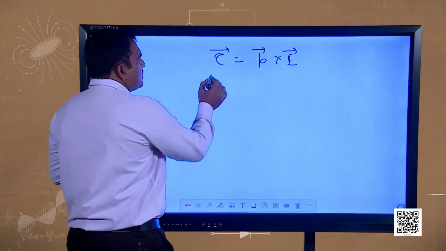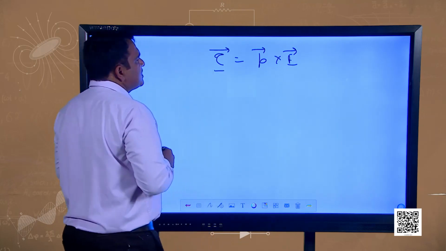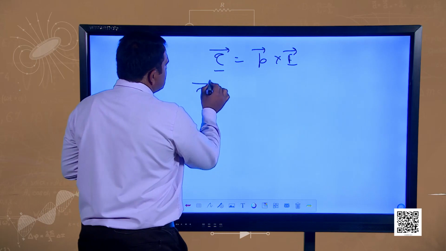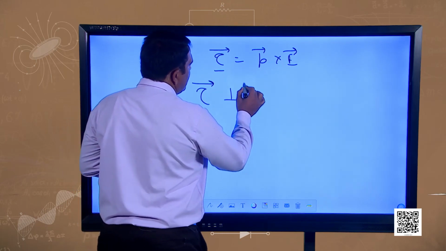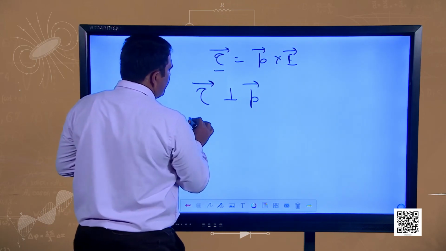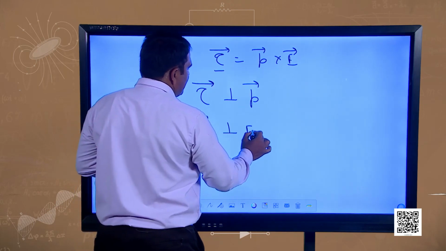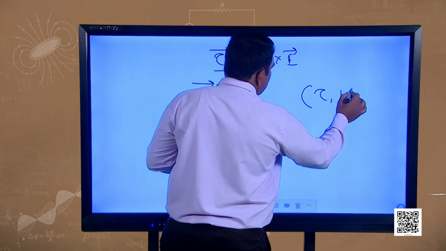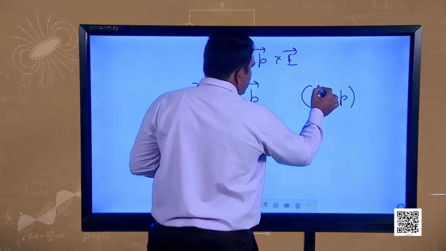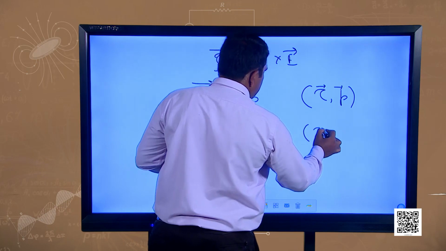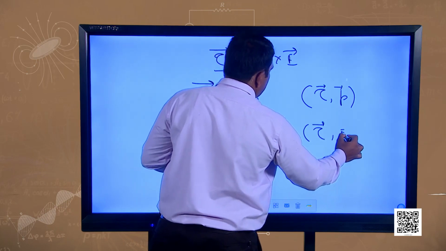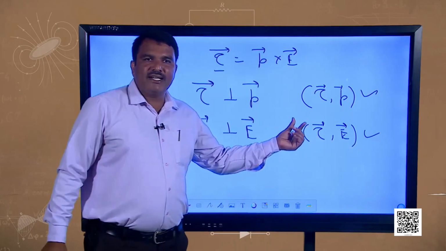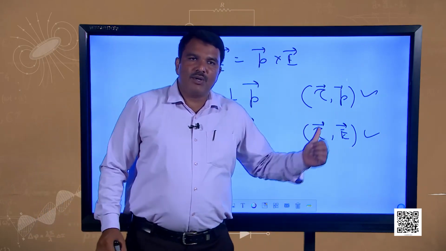Because torque tau is the cross product of P and E, this torque tau is perpendicular to P and perpendicular to E as well. So, tau and P are perpendicular and tau and E are perpendicular. These are the two pairs of vectors which are always perpendicular.